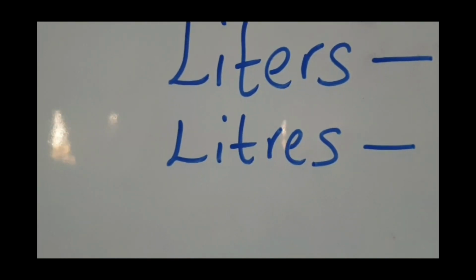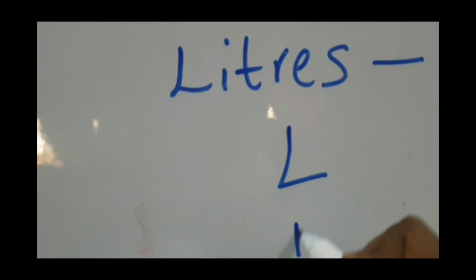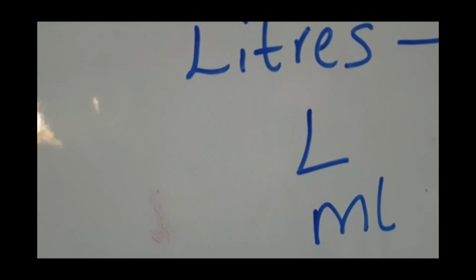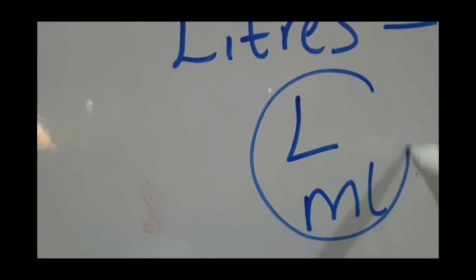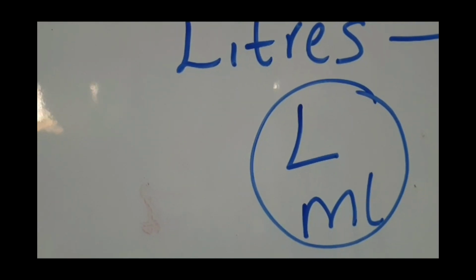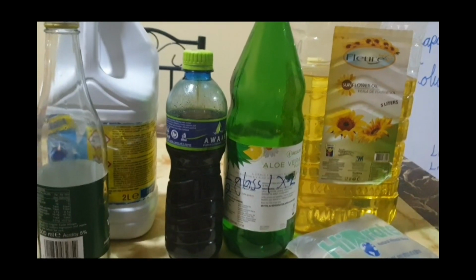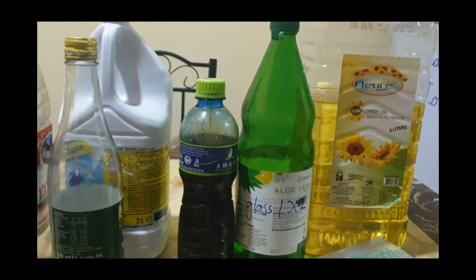Basically it means the same thing. We also saw L, and then we also saw ML. I'll leave you to figure this one out. I know we've talked about it before. Let's see who remembers.